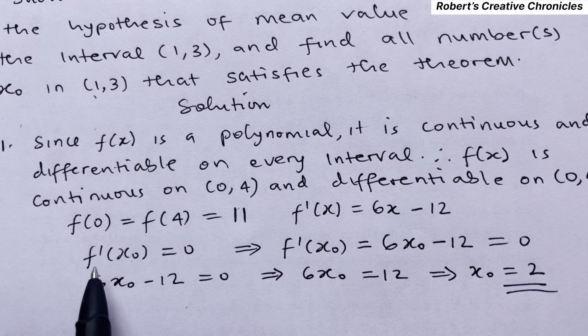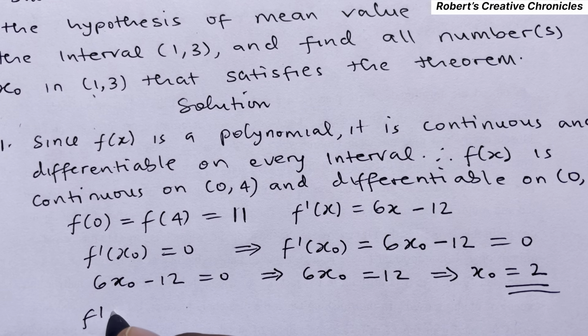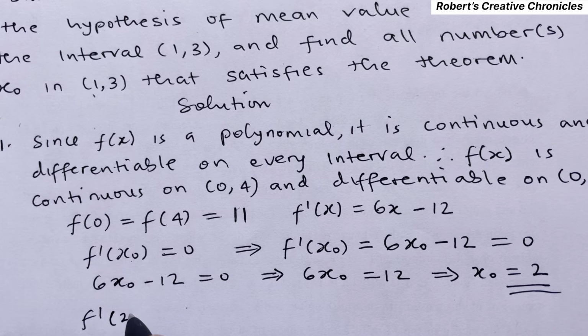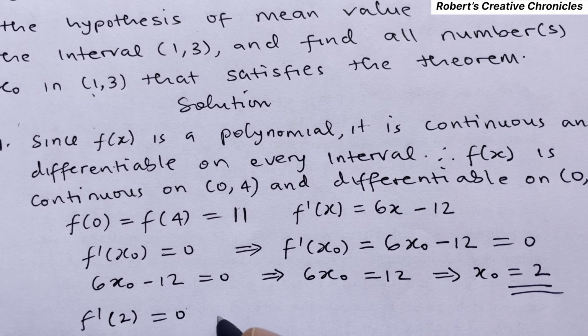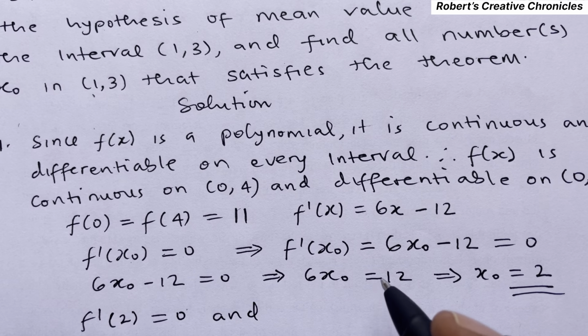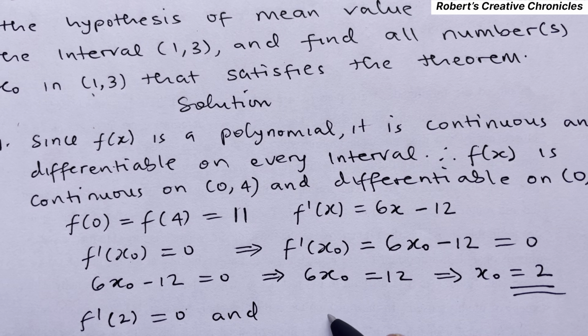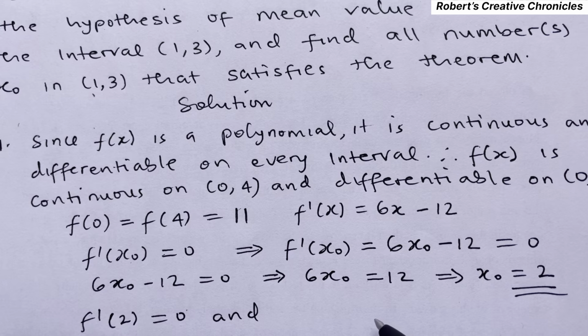That means f prime 2 is equal to 0. And according to Rolle's theorem, x0 will be greater than x1 and less than x2.